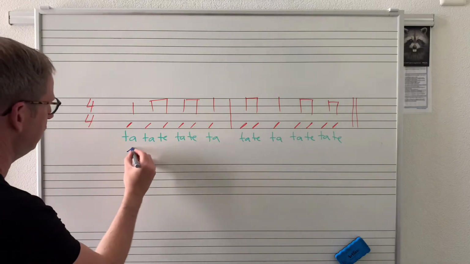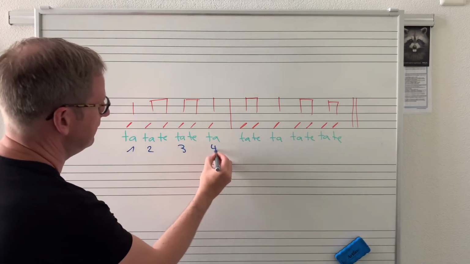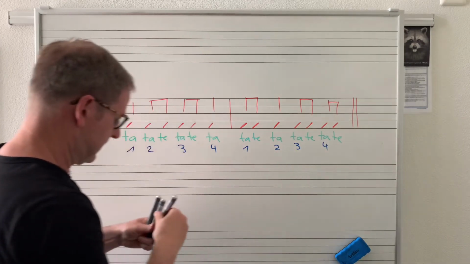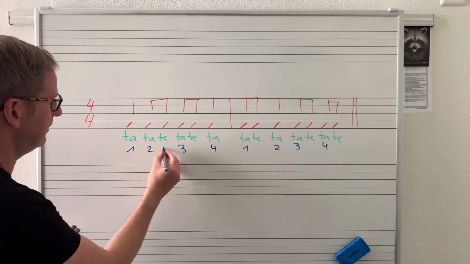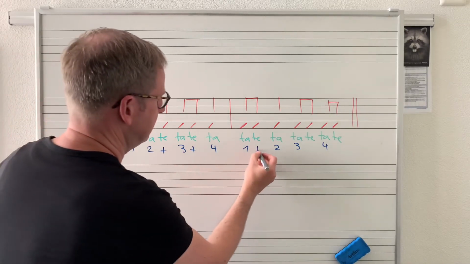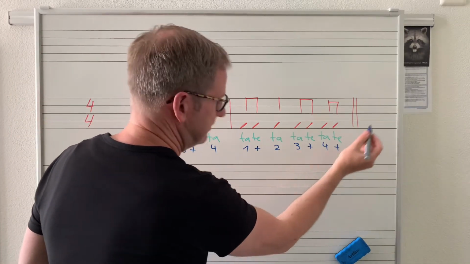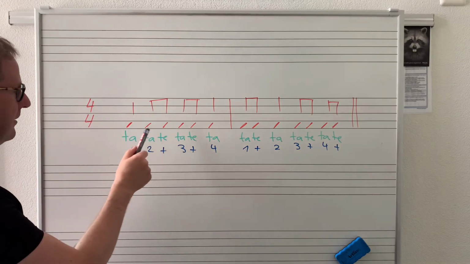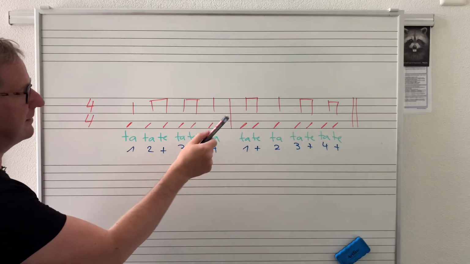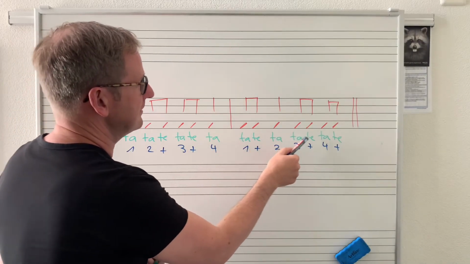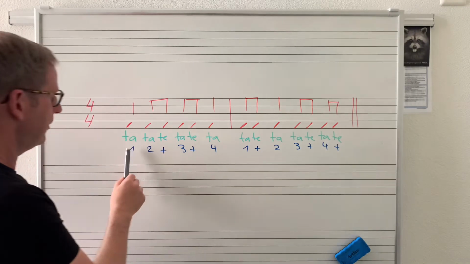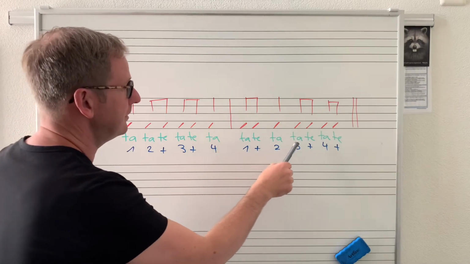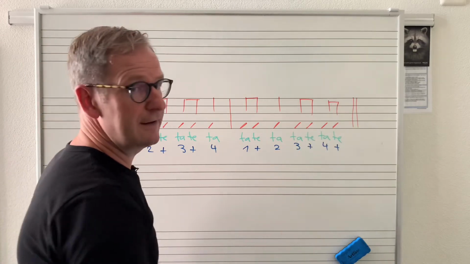So we can write here 1, 2, 3, 4 is just looking and finding the tas. And in the te we have our and. See, very easy. And then you can count ta, ta, te, ta, te, ta, ta, te, ta, ta, te, ta, te. Or 1, 2, and 3, and 4, 1, and 2, 3, and 4, and.